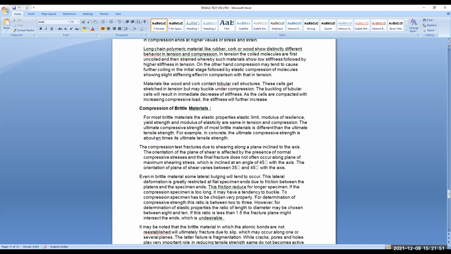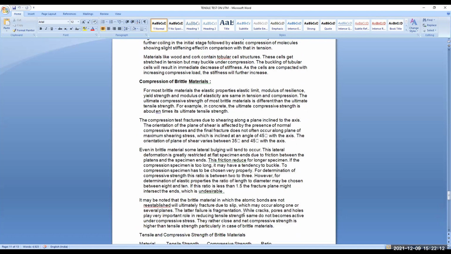So the compressive specimen has to be chosen very properly. The determination of the compressive strength is done within a certain length to diameter ratio, since a ratio of 1.5 may cause fracture at the plate ends, which is undesirable.